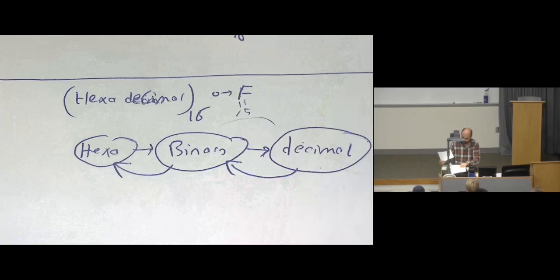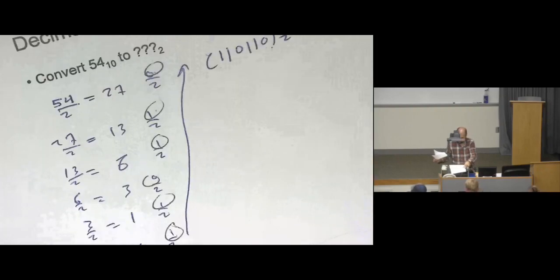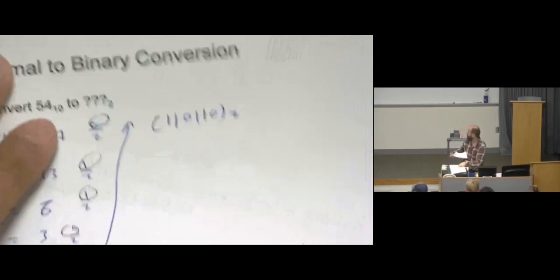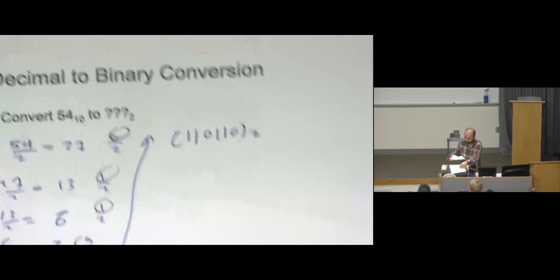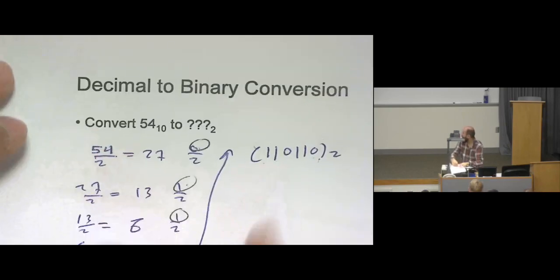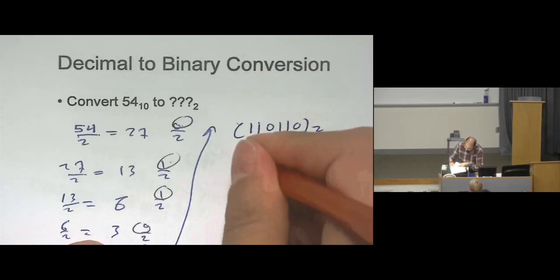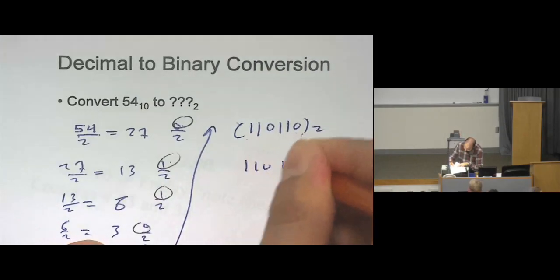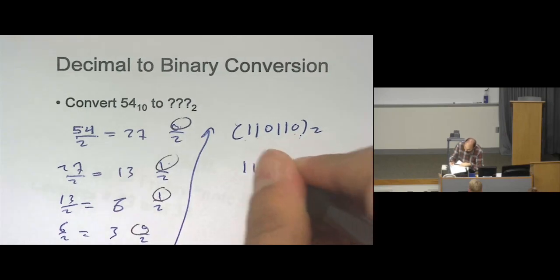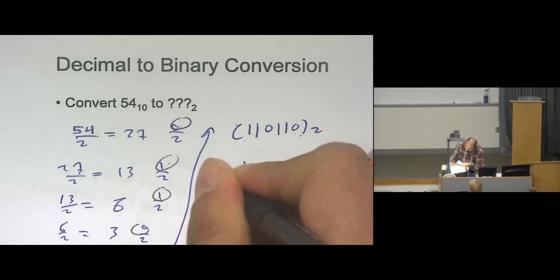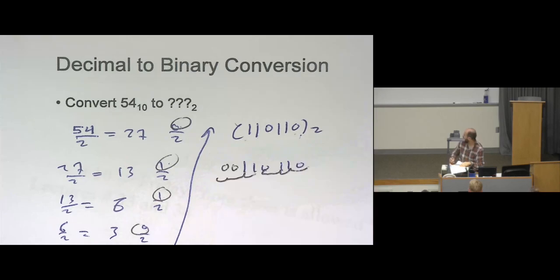Now, let's go back one step to the example we discussed, where we already converted 54 from decimal to binary. How about converting it to hexadecimal? Let me write it here: 110110. Let's group each 4: 1, 2, 3, 4. Here we have 1, 2, and the others are zeros.